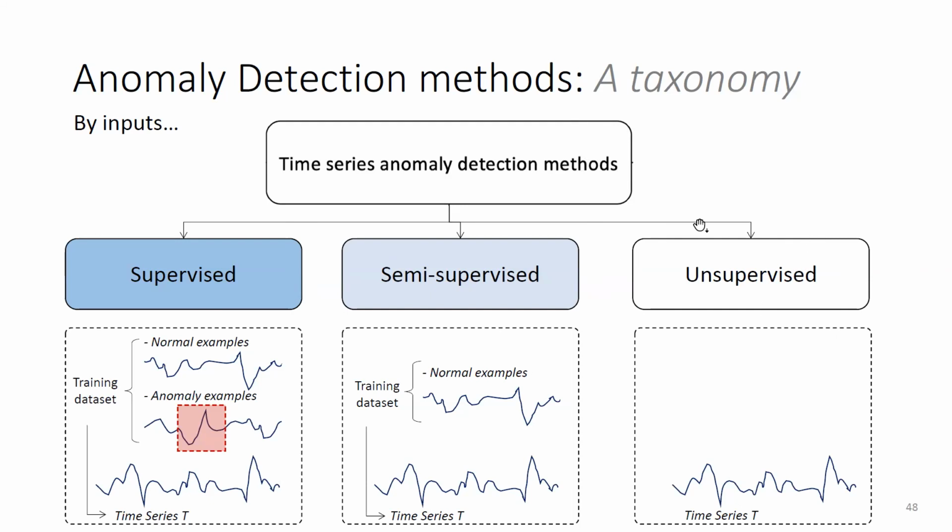Also, and this is very important in my opinion, even the normal behavior is sometimes very difficult to define. It's not easy to have experts or engineers saying, okay, here I'm 100% sure that there is no anomaly. Even this is difficult. So unsupervised methods are very useful in many applications.